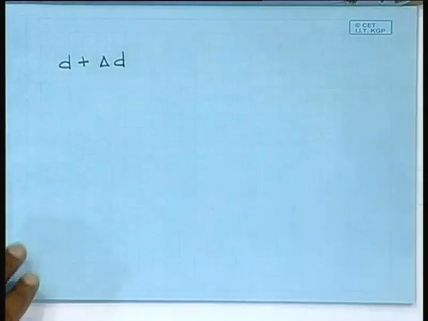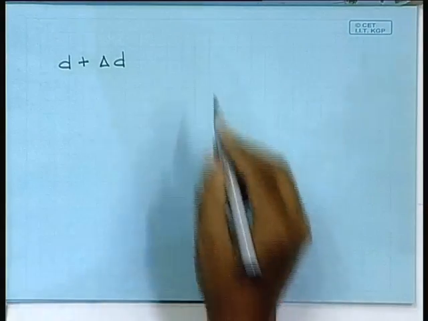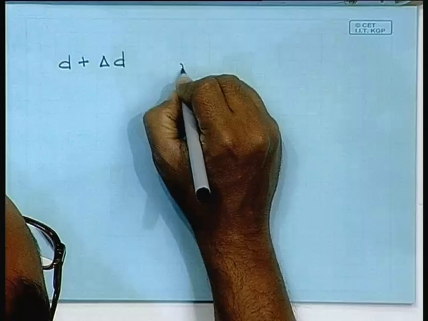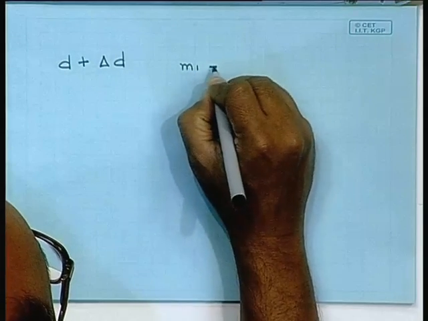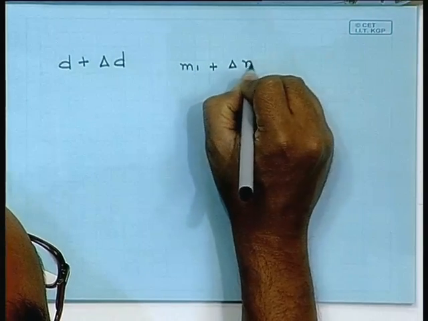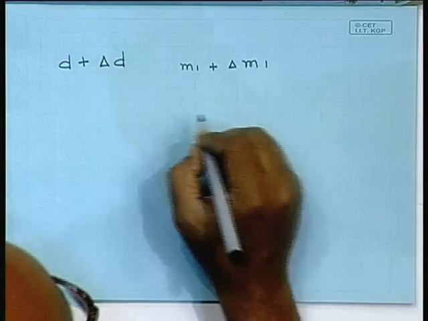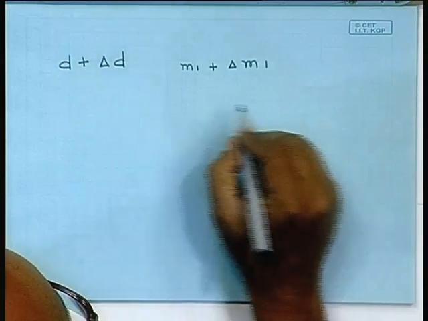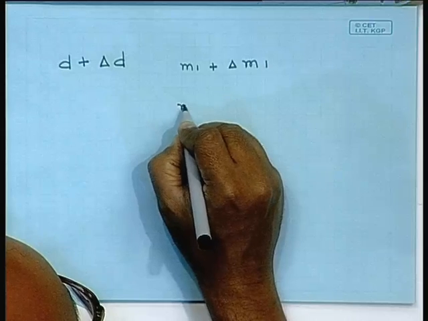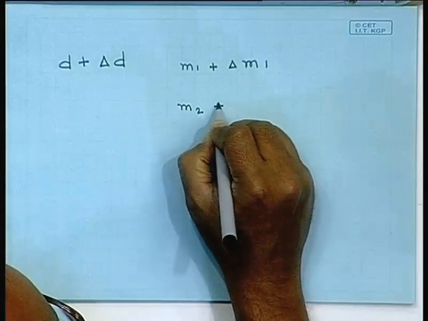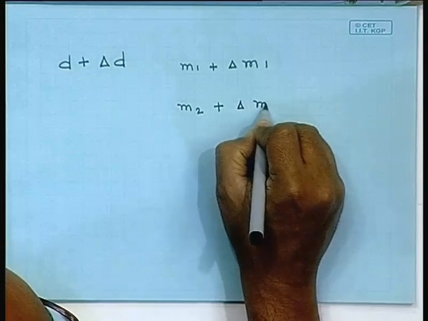So, for the wavelength lambda 1, I will have M1 plus delta M1. For the wavelength lambda 1 plus delta lambda, I am going to have M2 plus delta M2.